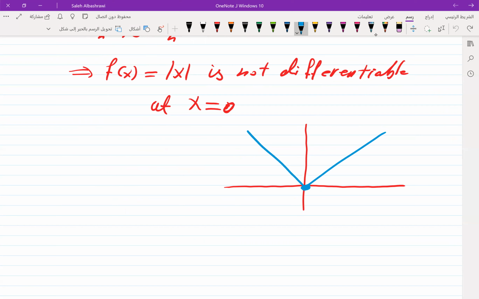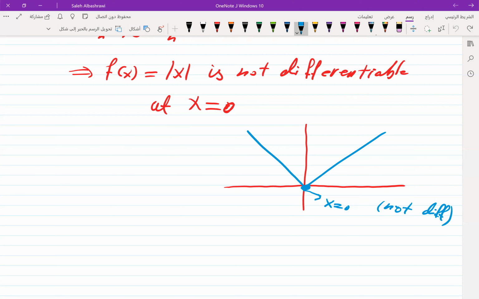So this is x equal to 0, and the function is not differentiable at this point. But at any other point, it will be differentiable. Just at x equal to 0 it is not differentiable. Now, from the graph of this function, it is very clear that this function is continuous, even at x equal to 0.